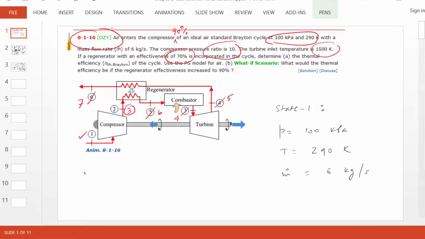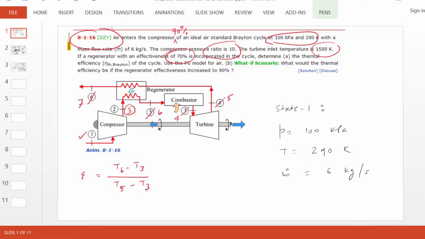So the effectiveness is defined as the rise in temperature of the compressed gas, which is T6 minus T3, divided by the maximum possible rise. And we understand that because 5 is the hottest gas that enters the regenerator, T5 is the highest temperature we could have gotten in a perfect regeneration system.